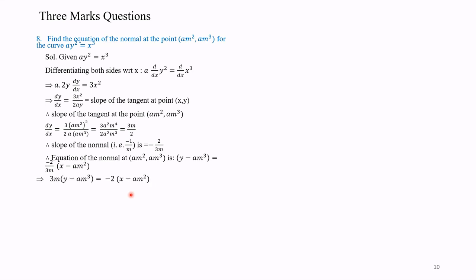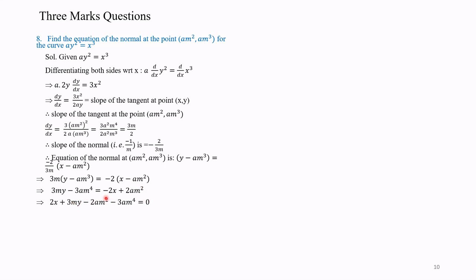Therefore, cross multiplying the denominator 3m, we write 3m into y minus am cube equals minus 2 into x minus am square. Therefore, 3my minus 3am to the power of 4 equals minus 2x, minus into minus is plus 2 into am square.